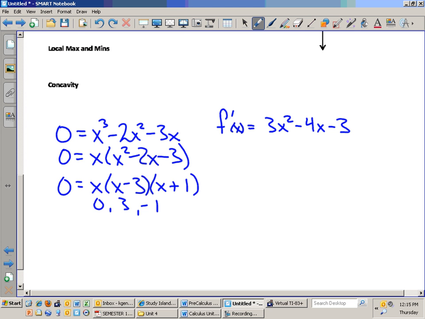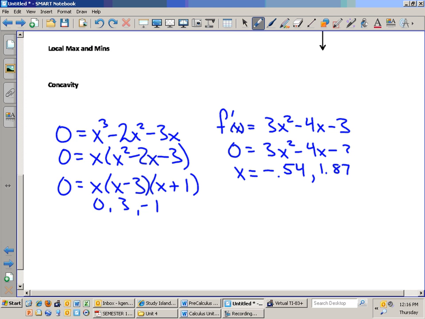Can somebody plug in their quadratic formula on their calculator and come up with a couple decimals for me? Negative 0.54 and 1.868. So 1.87 we'll say.